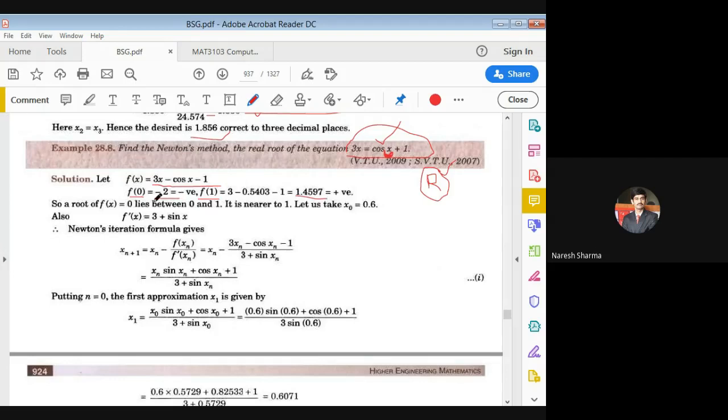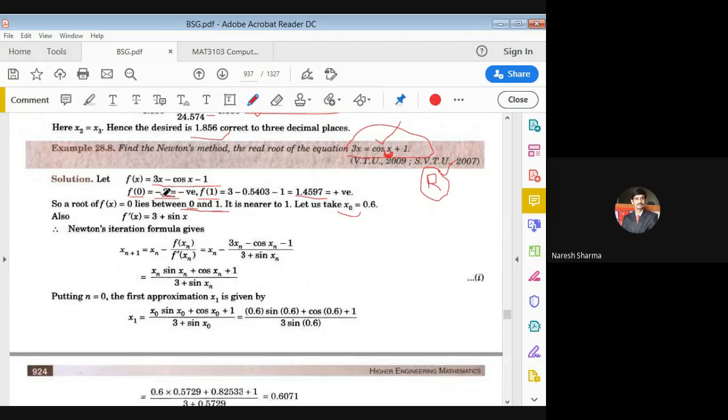So at 0 the function is negative, at 1 it is positive, which means the root lies between 0 and 1. You can choose your first approximation x0 as any value between 0 and 1. You may assume 0.2, 0.4, 0.5, 0.6, 0.7, it's totally your choice, right? It is just an idea you can take.